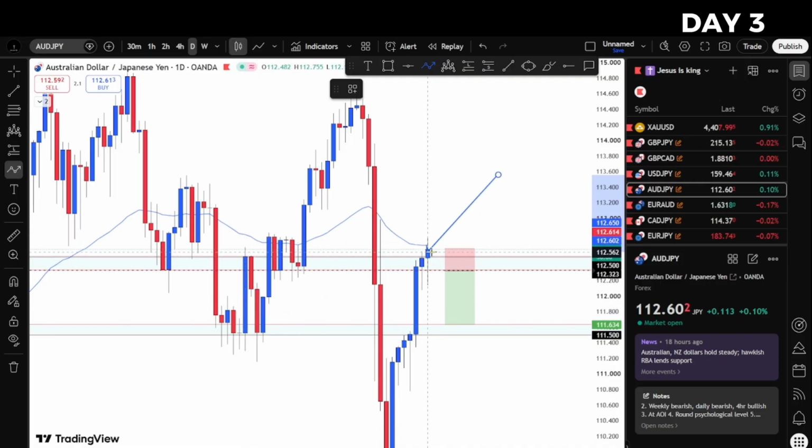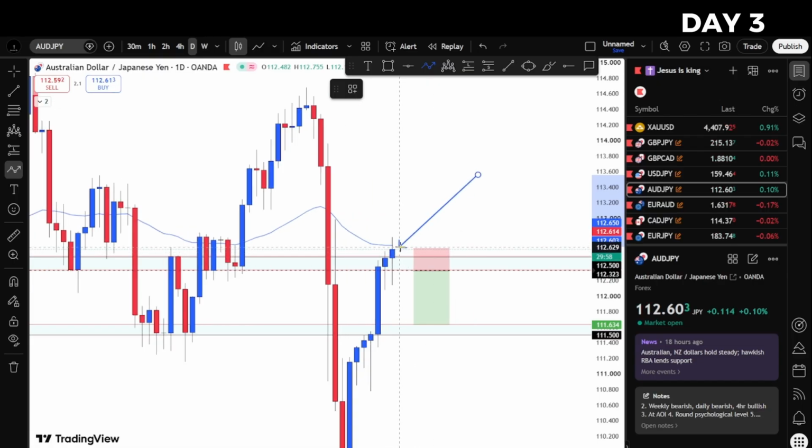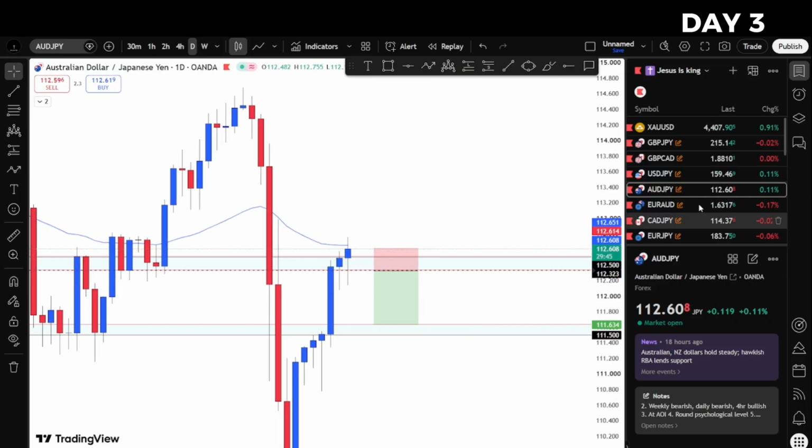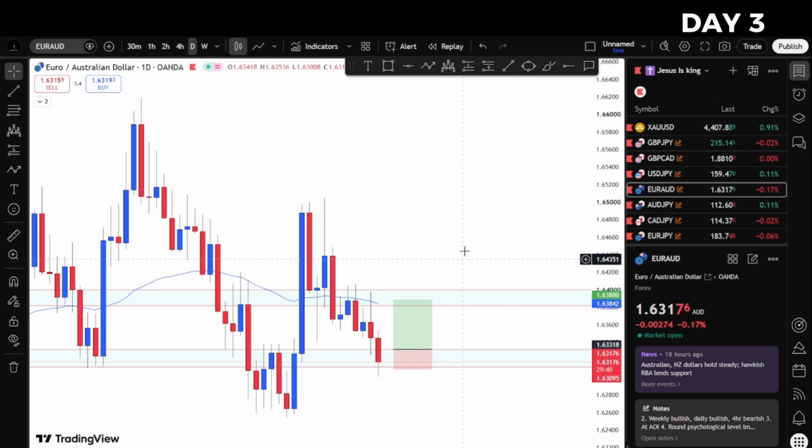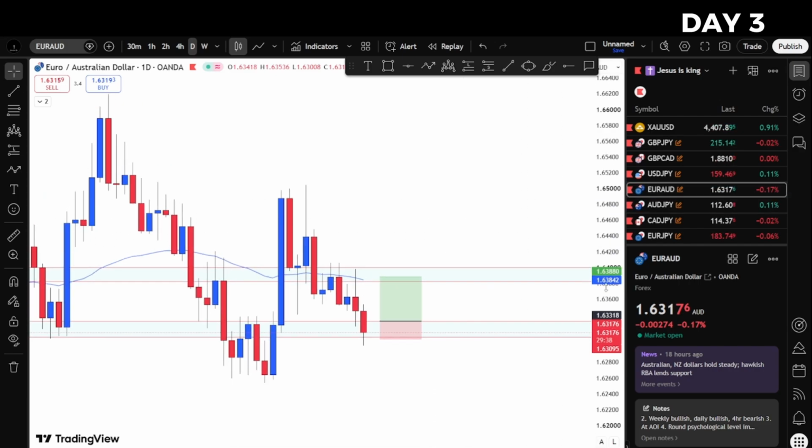If price closes above this area, it will use it as support instead of as resistance. So I would rather have a break and retest below this area. So in Euro AUD, this will be for next week, because today is already Wednesday, so tomorrow is Thursday.